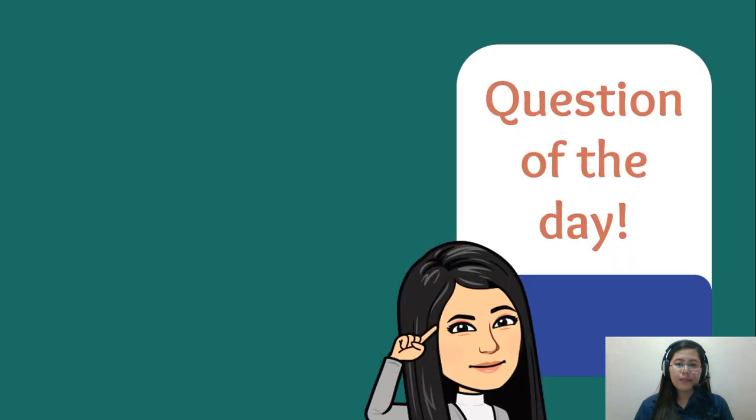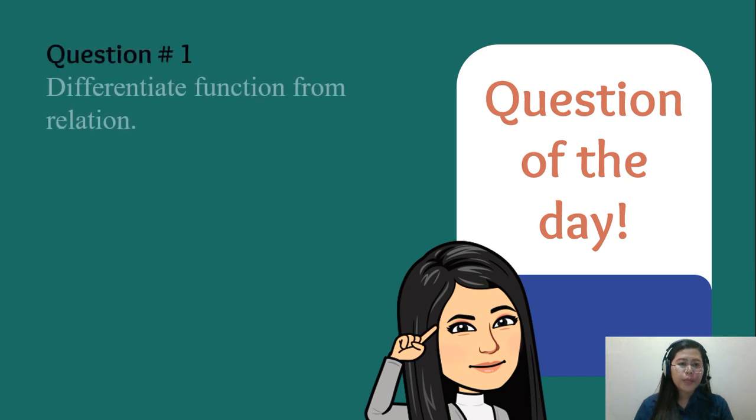Okay? Next. Question of the day. So, meron po tayo ditong 5 questions. Yung 5 questions na ito ay sasagutin nyo po at ang sagot nyo po ay i-comment po ninyo dito sa ating lesson na ito. Okay? Kung saan po ito naka-upload, dito nyo po siya i-comment. Private comment. Number 1. Differentiate function from relation.